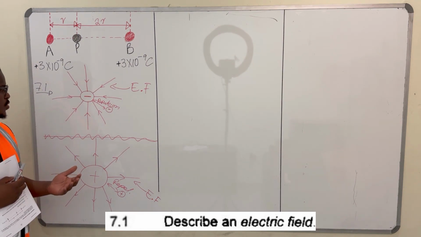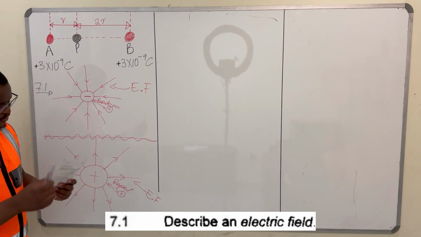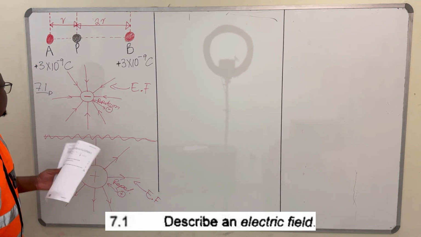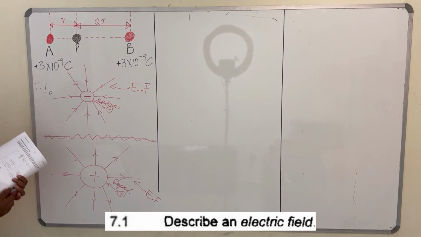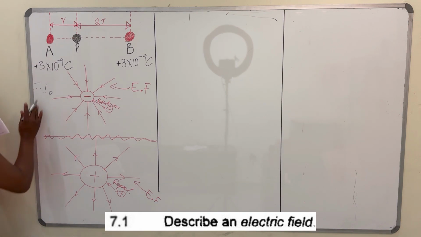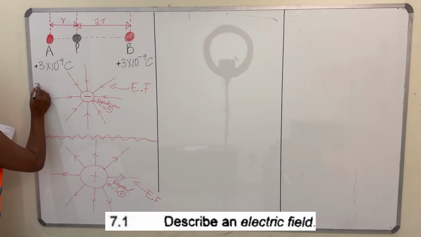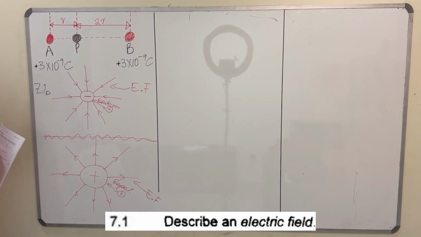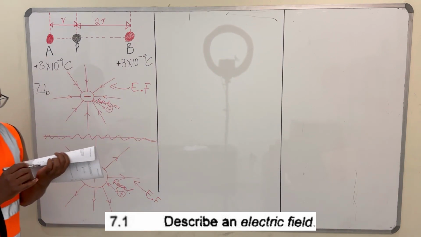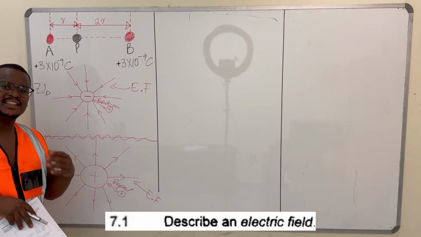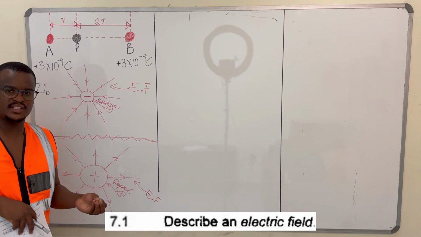So what you have to do now is to describe or define what an electric field is. Let me keep it as is and say 7.1. So let's go and describe an electric field. It is important to note that an electric field is not a force.